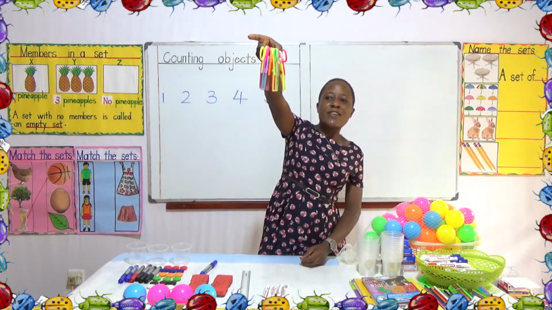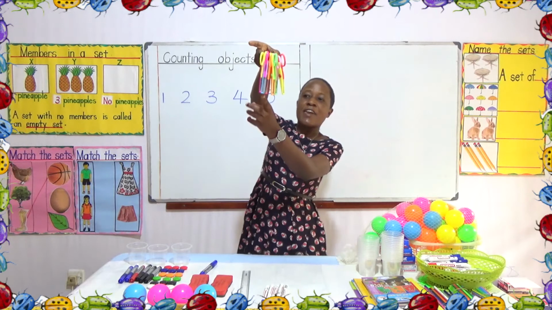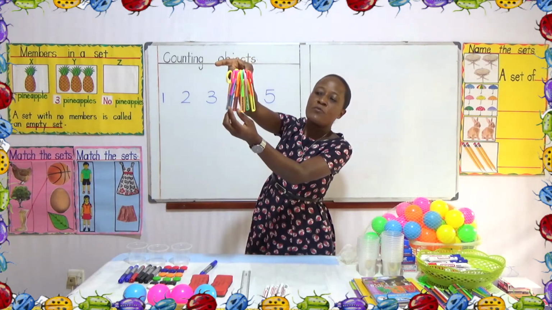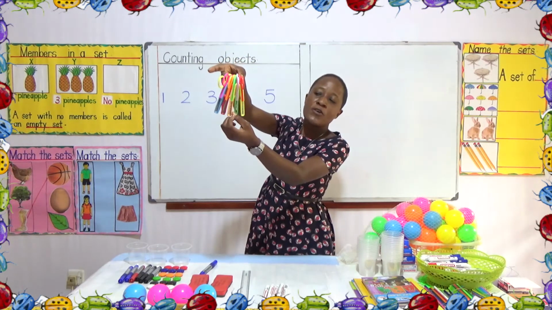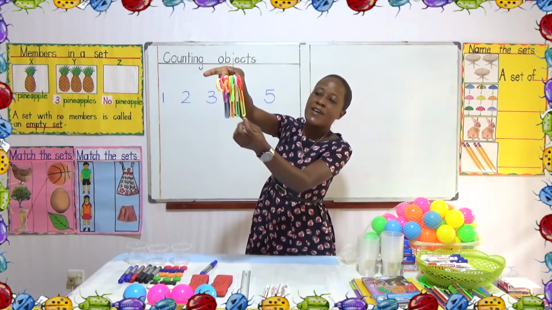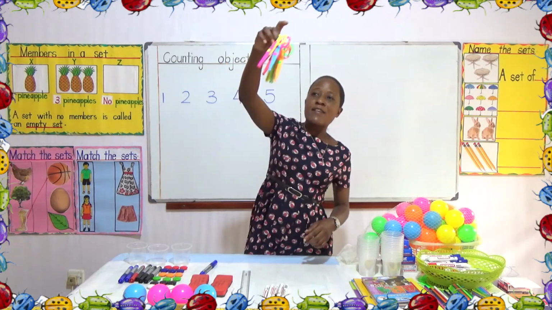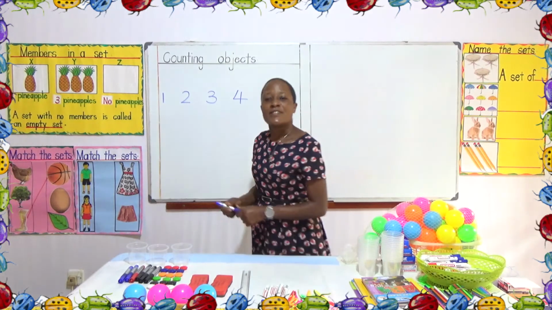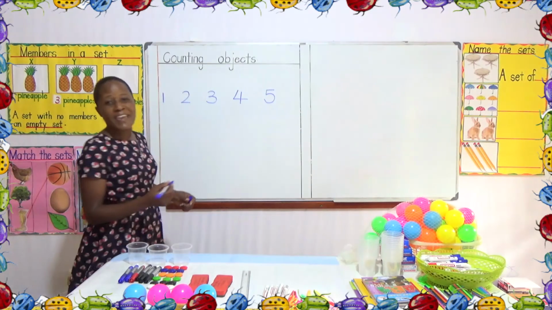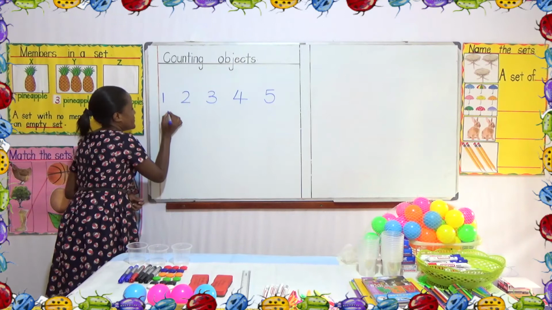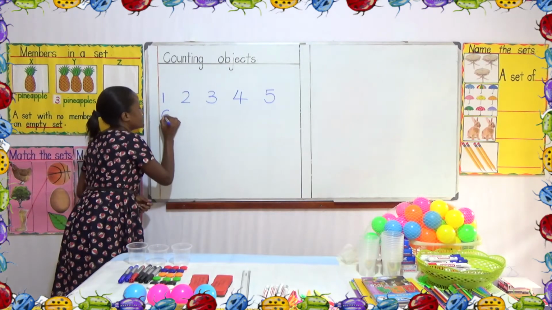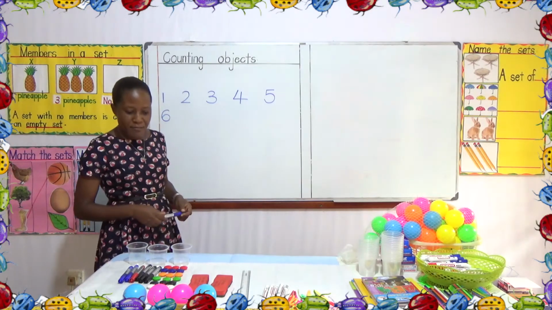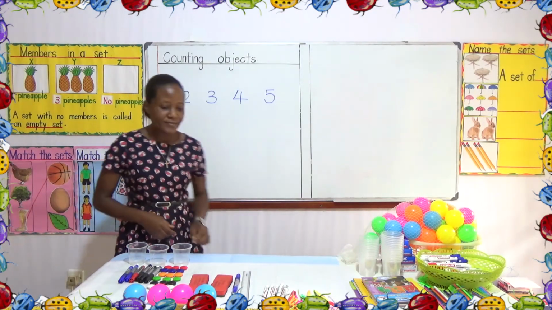They are 6. Let's count together again. 1, 2, 3, 4, 5, 6. They are 6. How do we write 6? 6 is written just like this. That is number 6.